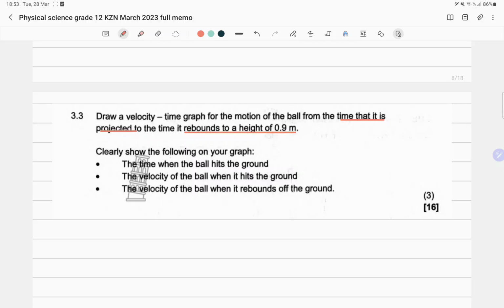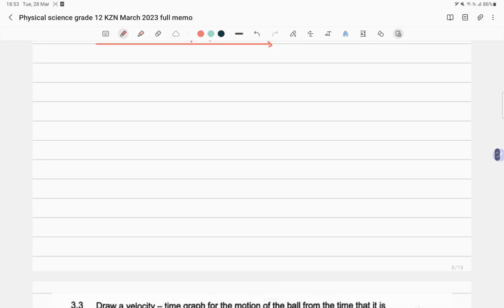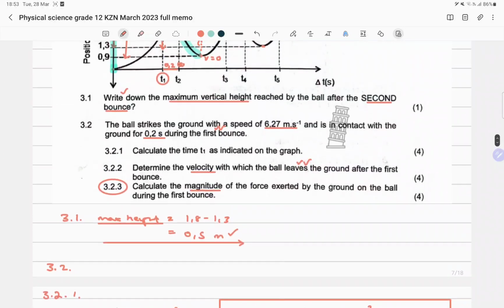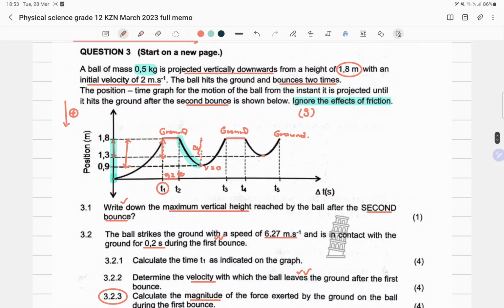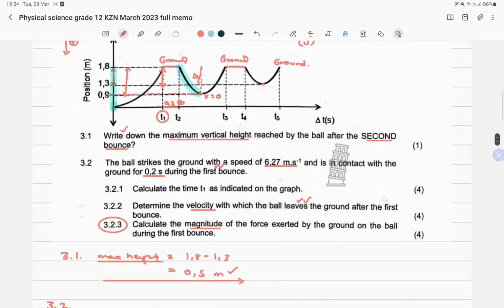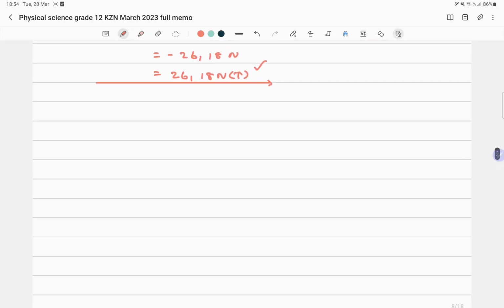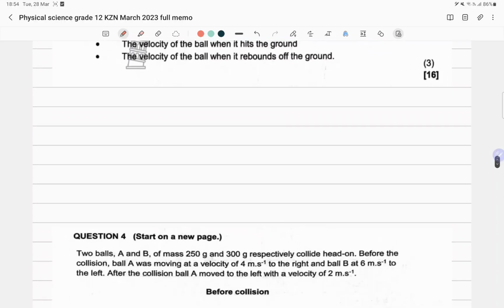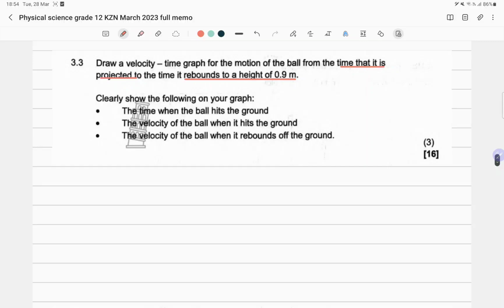Okay, now where is that? 0.9 is this one, this second bounce right here. So basically we just want the first bounce only to the maximum height. Therefore, we don't want extras. All right, we are going to do it like this.